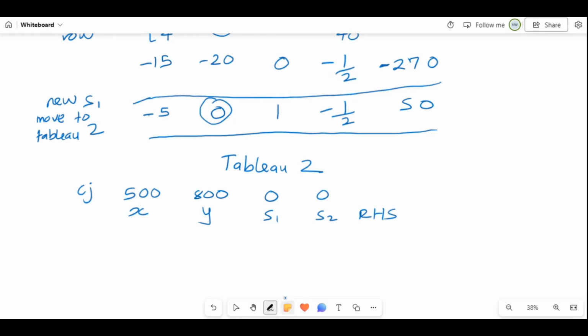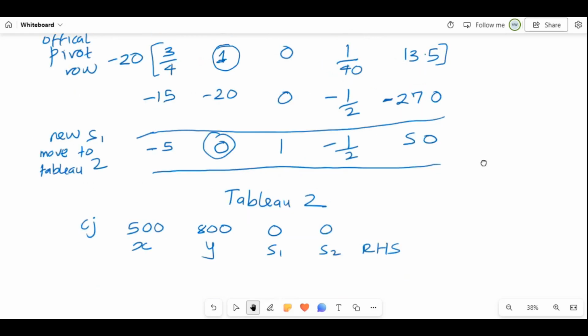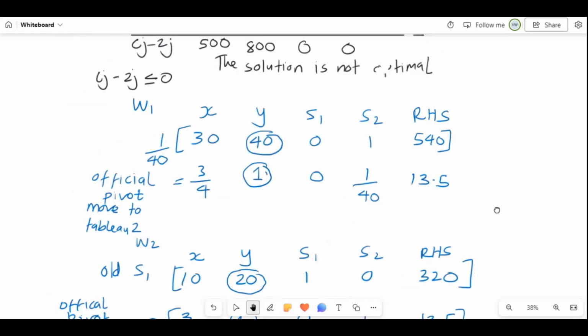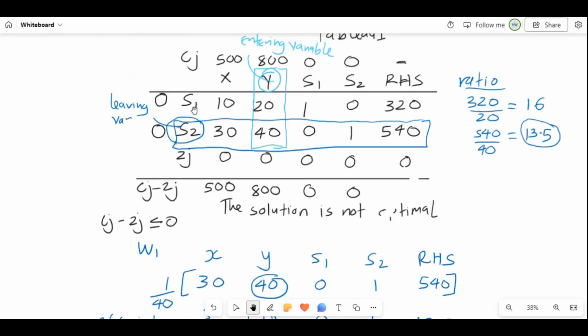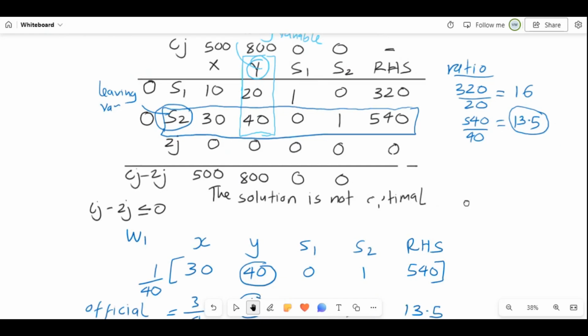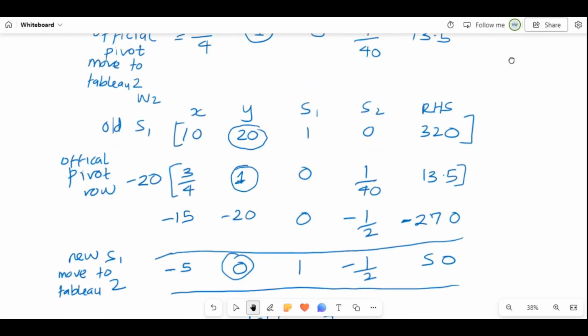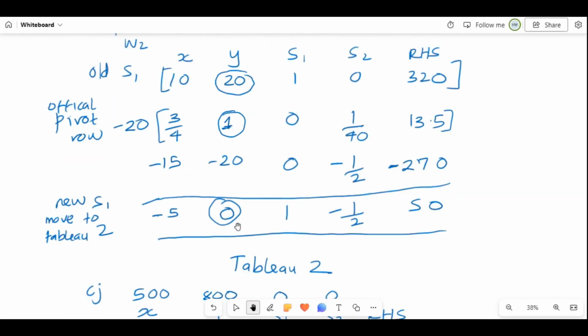So let's go back to our initial tableau. Remember in tableau 1, we had the S1, and the original S1 coefficient here was 20, but now we've made this to be 0. And remember, this was not our pivot row. Our pivot row was S2. So when recording S1, we'll not take this S1, but we'll take the S1 that we've made its element 0.